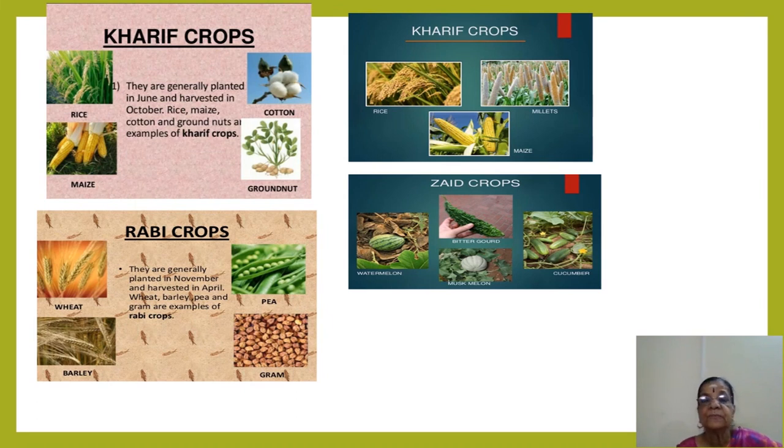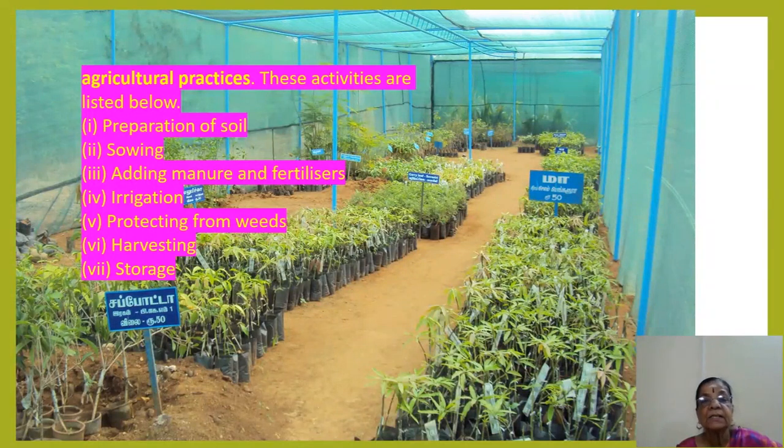The next one, it is agricultural practices. What are we saying? Agricultural practices. We have now studied crop plants, right? What is a crop, you know. What are the types of crops we have learned? One more is plantation crop. Coffee and tea and banana.